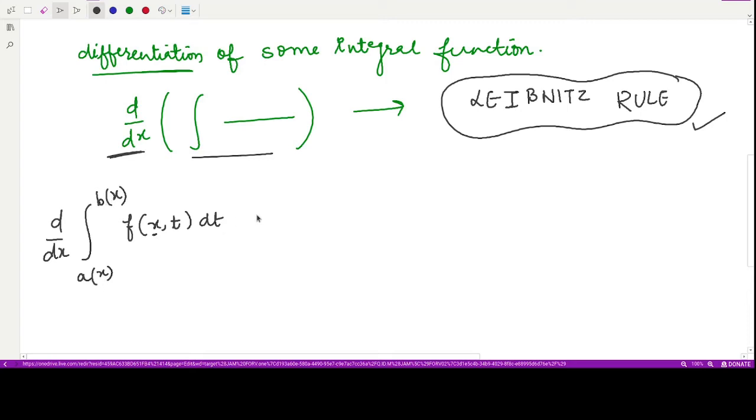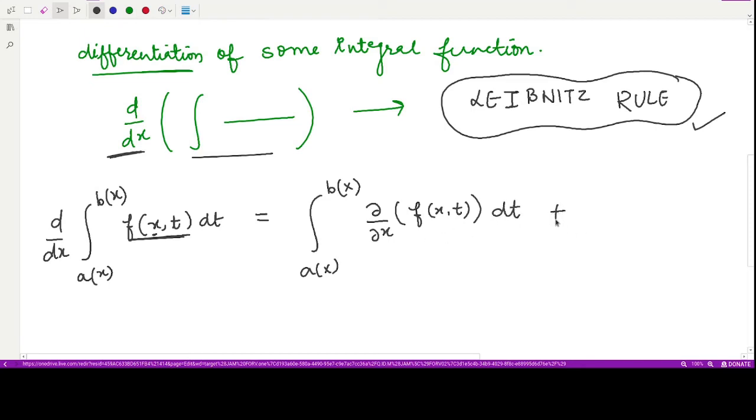In that case this is calculated by performing the integration with the same limits, but the derivative moves inside, so it would be del by del x of the same function f of x, t. That means we take the partial derivative with respect to the same variable x, dt. This is the first quantity.